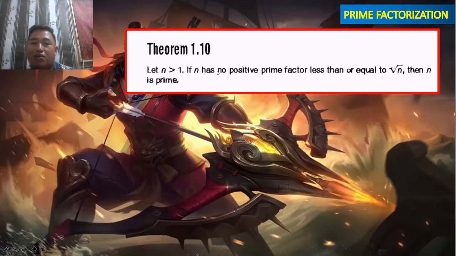Dili siya prime kay negate lang man yung theorem class. So if n has no positive prime factor, then n is prime. So if n has a positive prime factor, then n is not prime. So dili class atong gina-consider mga positive integers kay n is greater than 1.